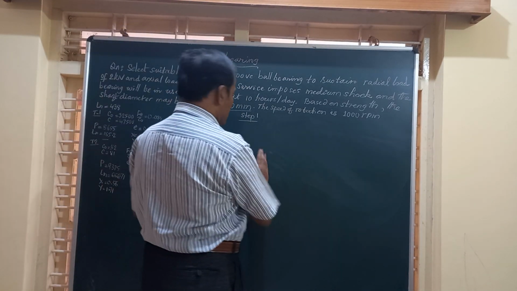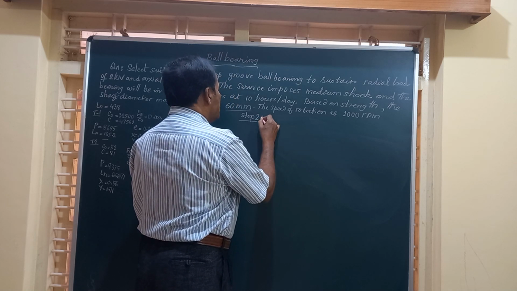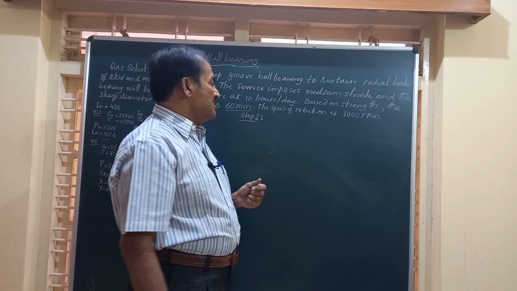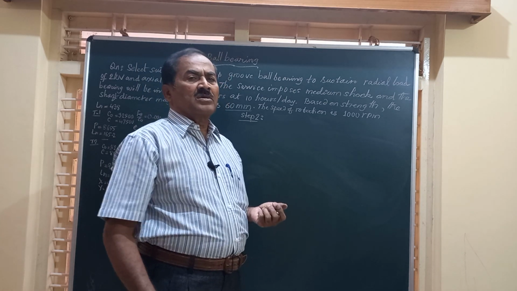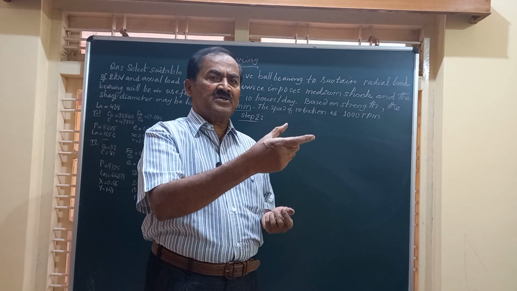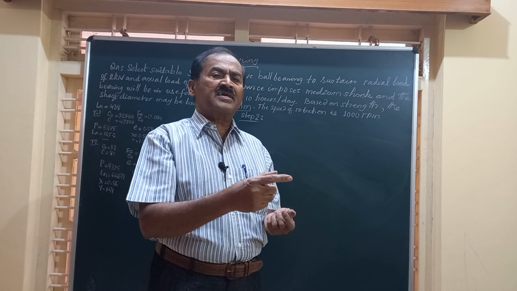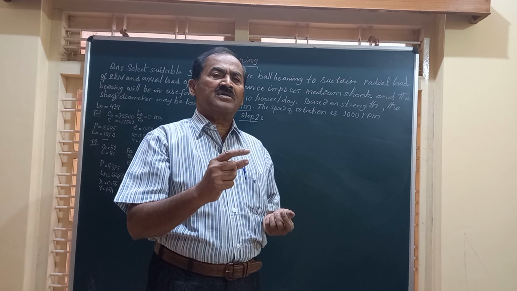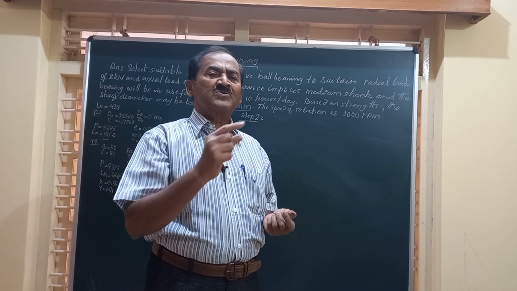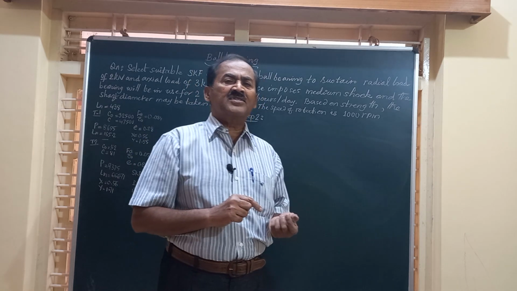Next comes, friends, step number 2, in which we are going to find out, based on the diameter of the shaft, what are the shaft sizes or bearings available. And based on that, we are going to check bearing numbers 1 to 3, that is to say, 60 millimeter dia is specified in the question.